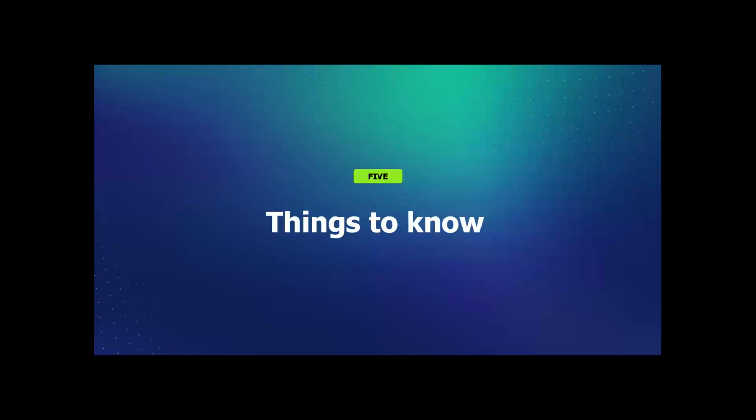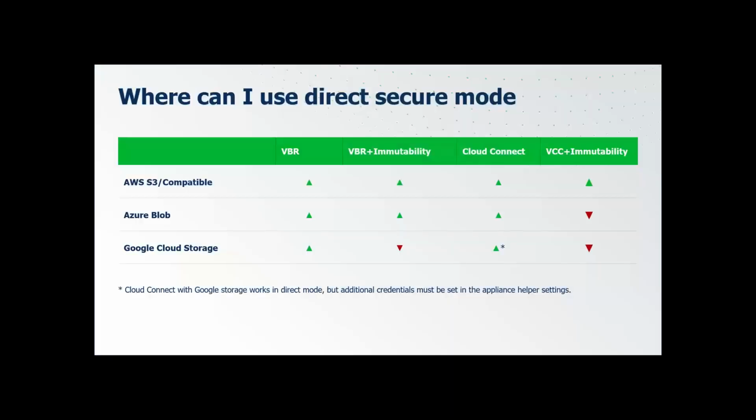Okay, some important information to know to use this solution. It's not an any-to-any mapping in the ways you can use this solution. So if you want to use VBR server, every storage is supported. So you can use AWS or S3 compatible, Azure Blob, Google Cloud Storage.